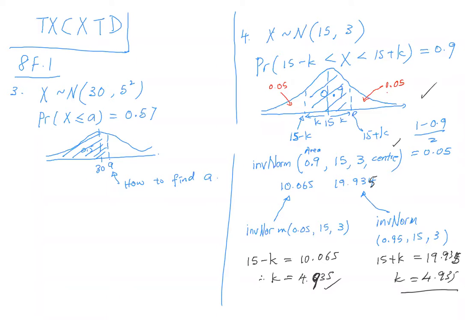Now I want to put this in words. The probability of X is within K unit from the mean.